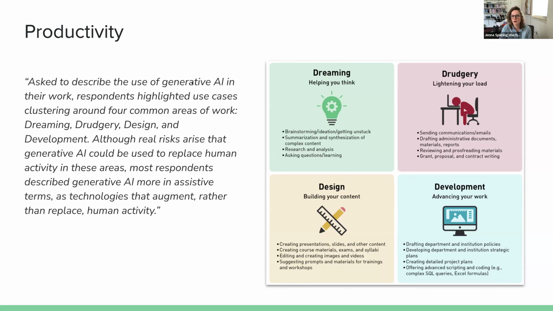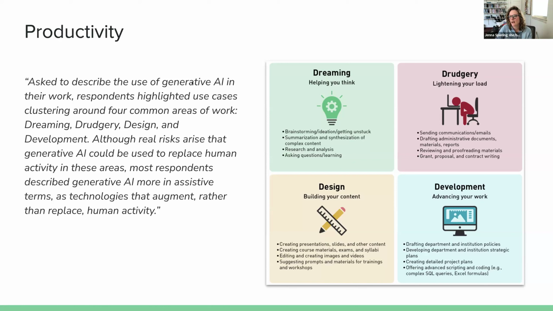So dreaming is a way that I use it a lot: brainstorming, getting unstuck from ideas. Joyce Valenza always refers to AI as the starter dough that gets you going on something, putting some words on a blank page when you're having trouble getting started. Design: creating presentations, slides, and materials, and I'll show you some examples of slide creation if that's something you could use help getting started on.